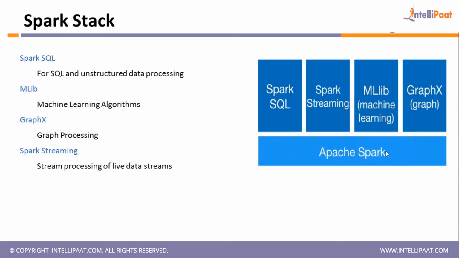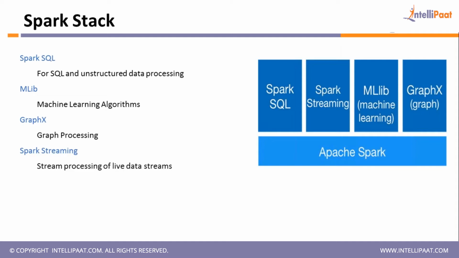At the base of this Spark framework, we have the Spark core, right? The basic functionality of Spark is the Spark core. It is an API that defines the resilient distributed datasets, the RDDs, right? And RDDs are Spark's main programming abstraction.